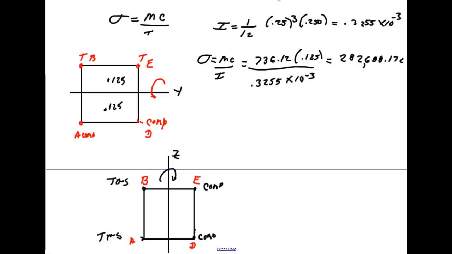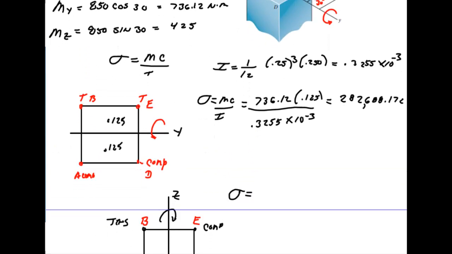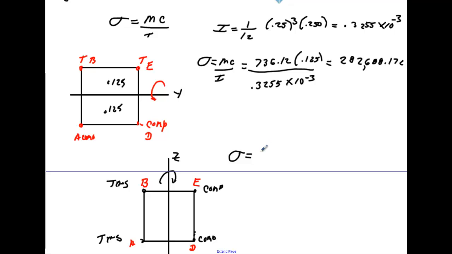We'll just go ahead and run the value real quick. We go back and use the moment around Z, which is 425, times 0.125, over 0.3255 times 10 to the minus 3.